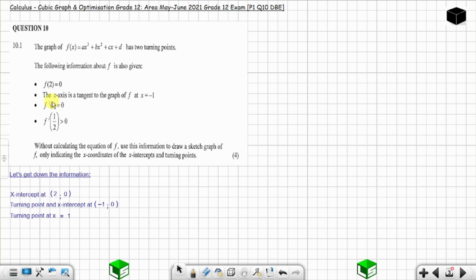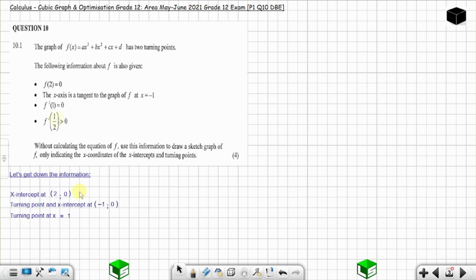We are getting all the information down so that we know what we are requested to sketch. The question says without calculating the equation of f, use this information to draw a sketch graph of f, only indicating the x-coordinates of the x-intercept and turning point.